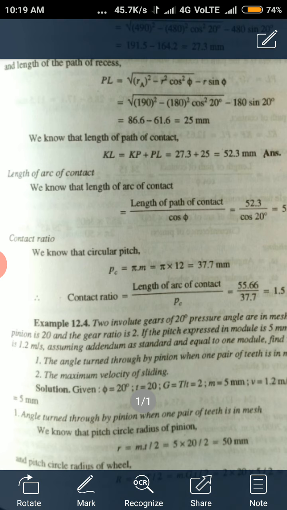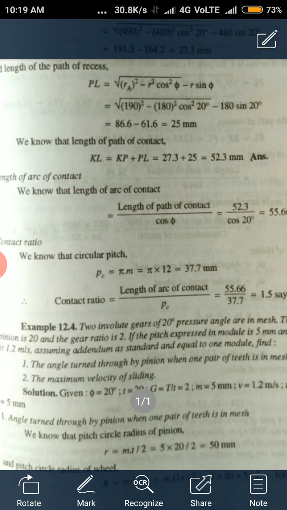So the relation is: speed ratio or gear ratio equals N1 by N2, equals capital T by small t, equals capital D by small d, equals capital R by small r. Capital R is the radius of the wheel, and small r is the radius of the pinion.